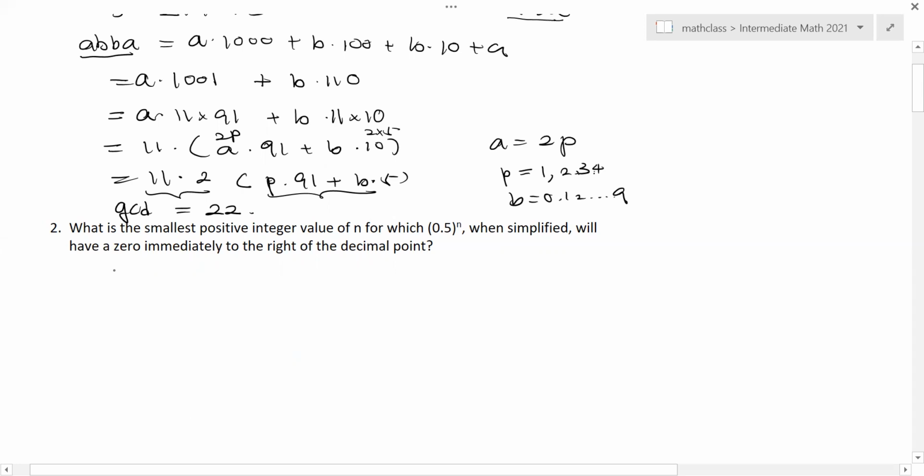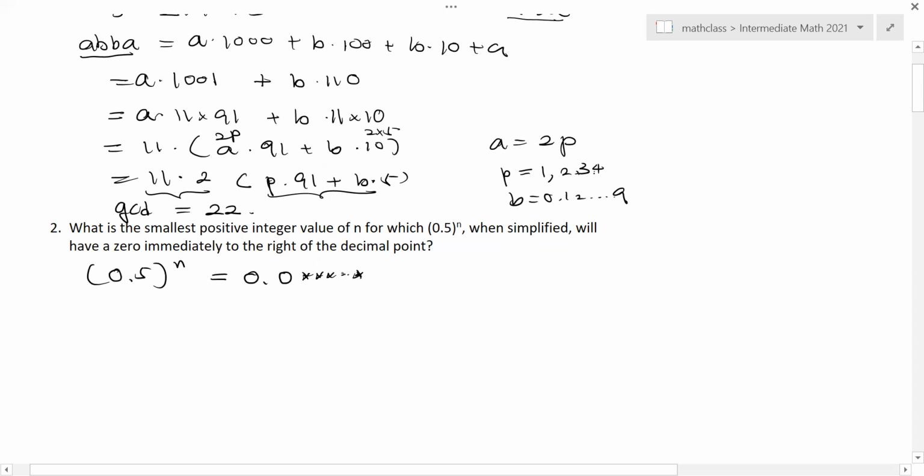So what does that mean? That means we are trying to find the smallest n such that this in decimal form will be 0.0 and some digits here.